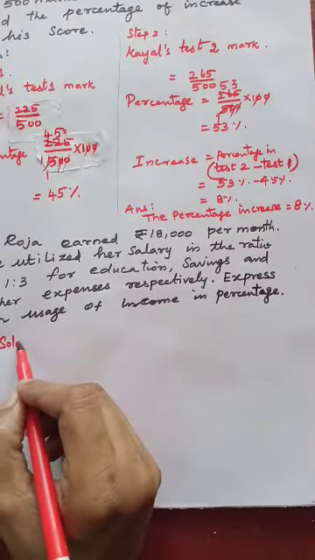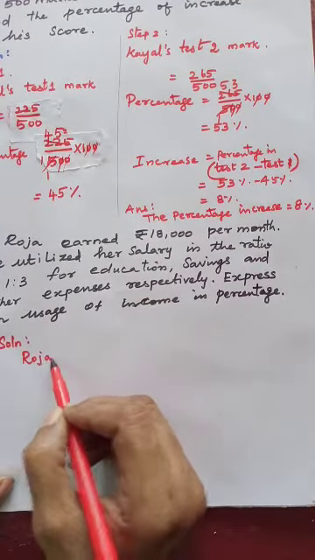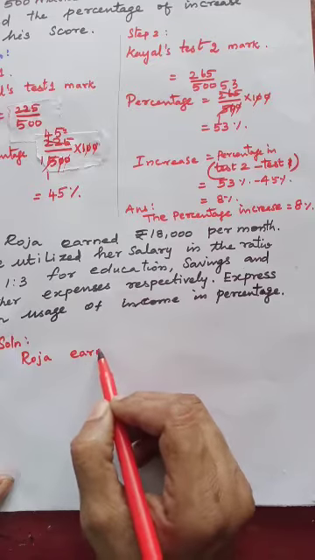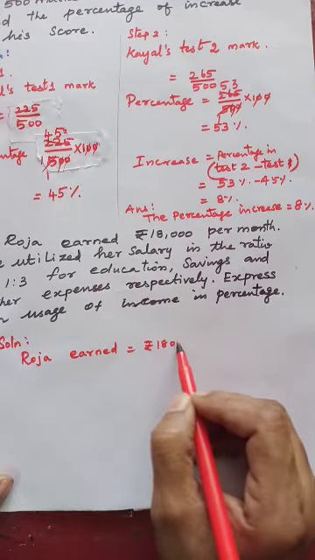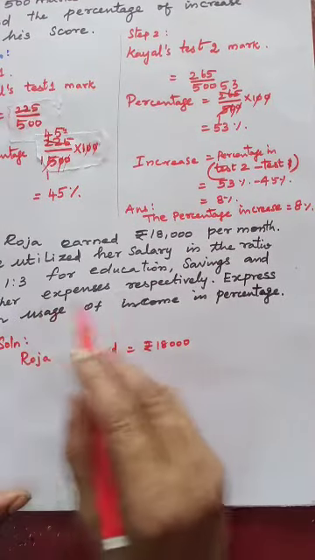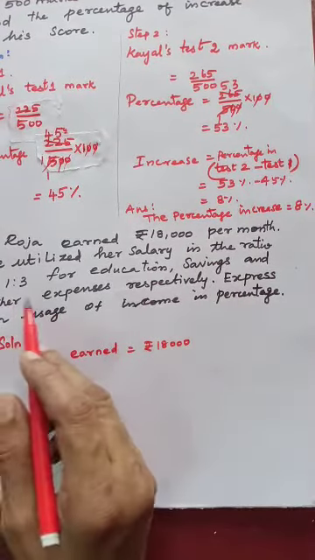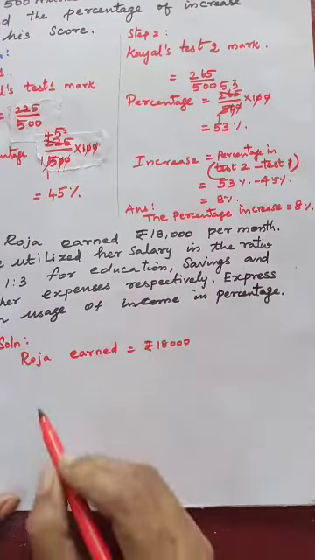Solution. Roja earned rupees 18,000 per month. She utilized her salary in the ratio 2:1:3 for education, savings and expenses.